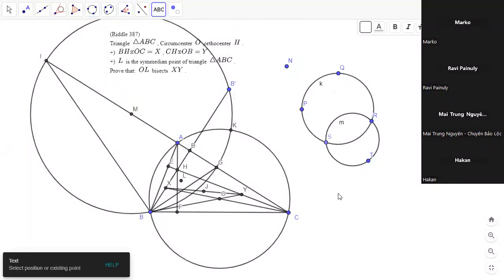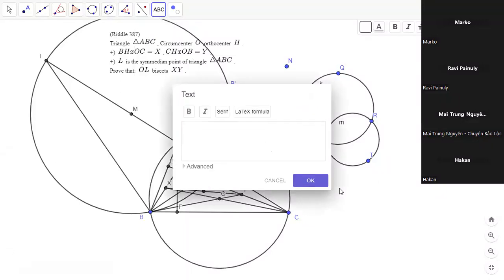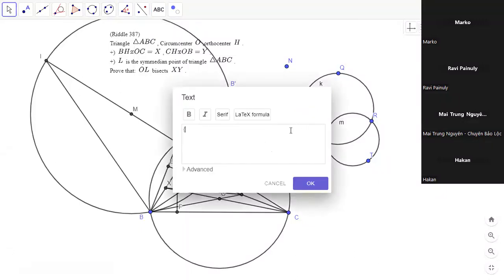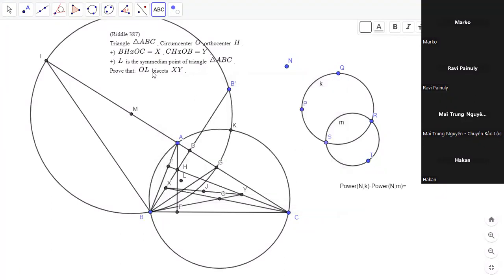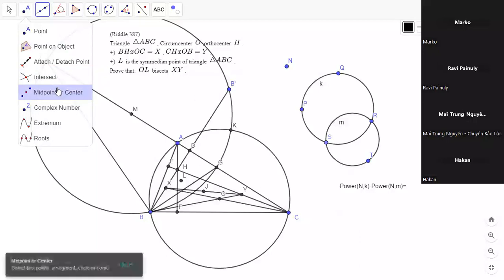It says the power of N with respect to K minus the power of N with respect to M is equal to, actually, let me draw the centers of these circles.